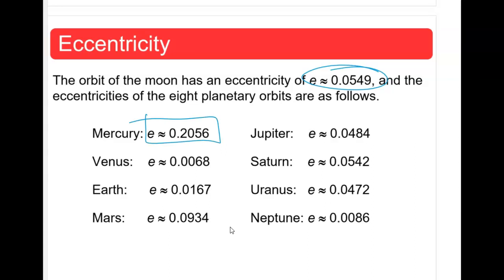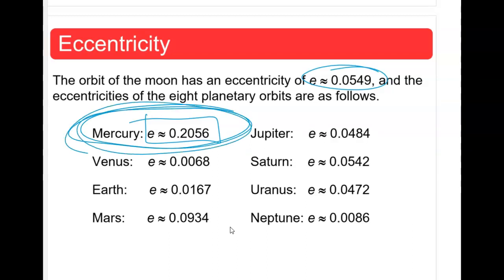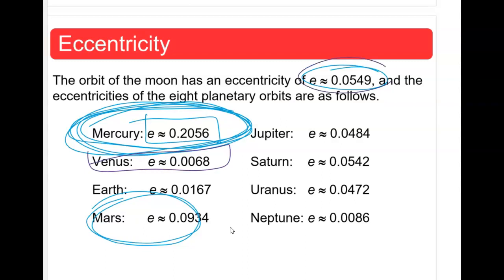So that tells me that it's perhaps a more elliptical, more elongated orbit than, let's see, what's a good example? Maybe Mars is more like that. And then if you look at the one for Venus, it's even smaller than the one for the moon. So I imagine that one is more of a circular shape.